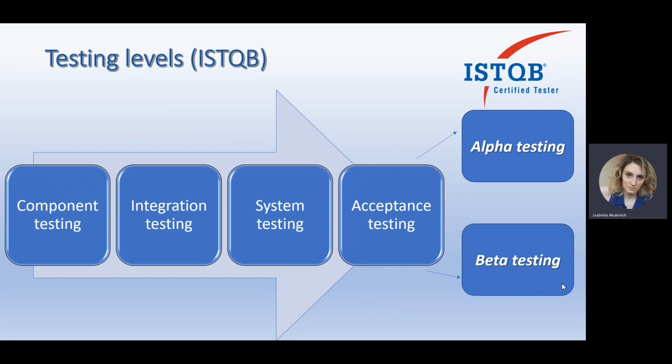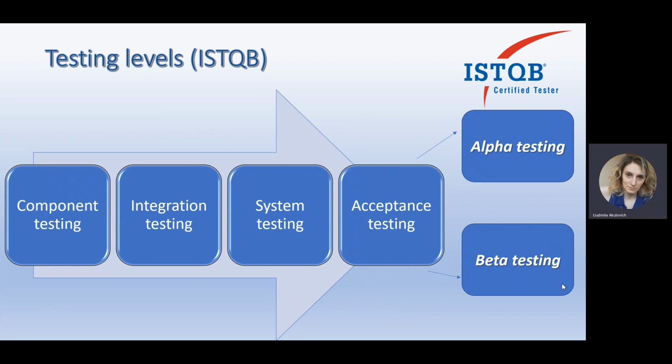The last division, also well known to you, is that acceptance testing can be alpha testing and beta testing. The main idea of alpha testing is that it's performed at the developing organization's site, so inside the organization, but not by the development team, maybe by potential or existing customers or by an independent test team.